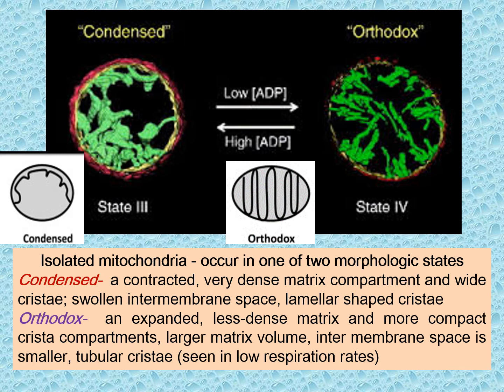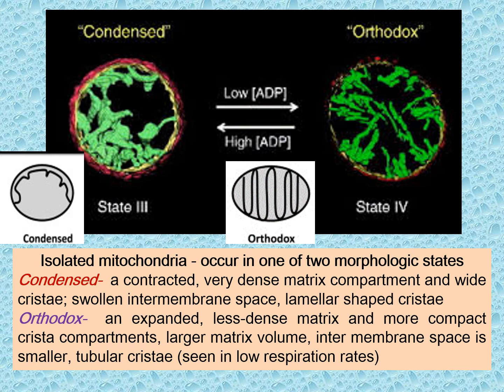In the condensed state, there will be enough space between the outer membrane and the inner membrane. That means the outer and inner membranes have greater space in between in the condensed state, whereas in the orthodox state the distance between the outer membrane and inner membrane will be small. So the intermembrane space will be smaller in the orthodox state.